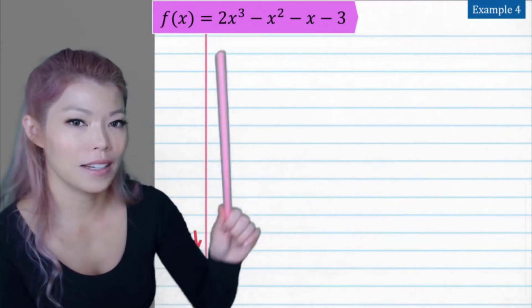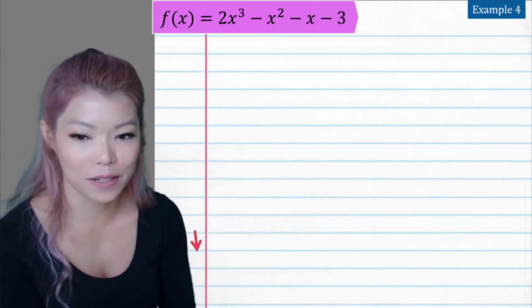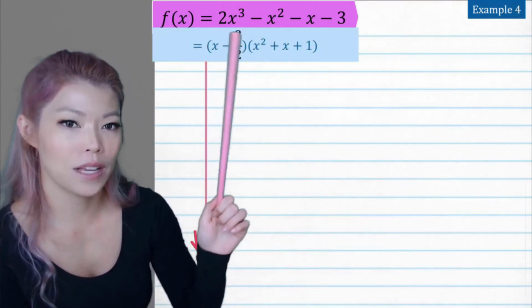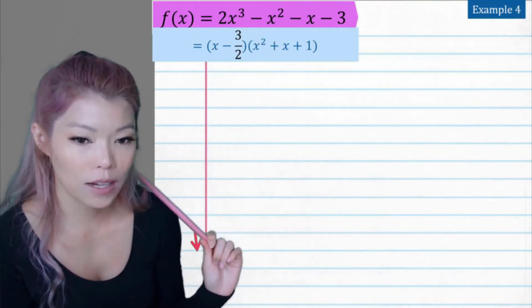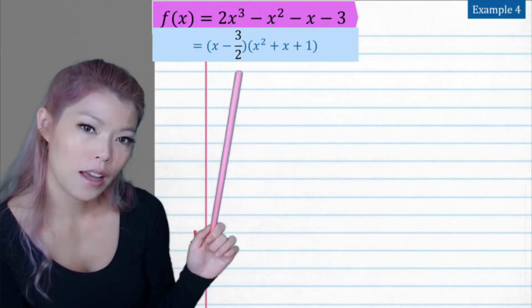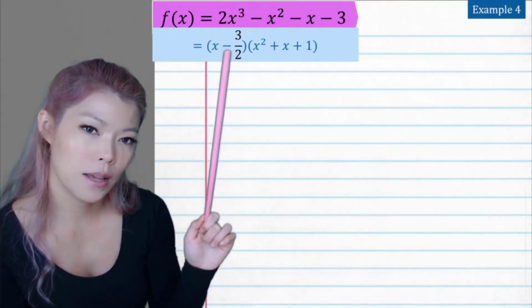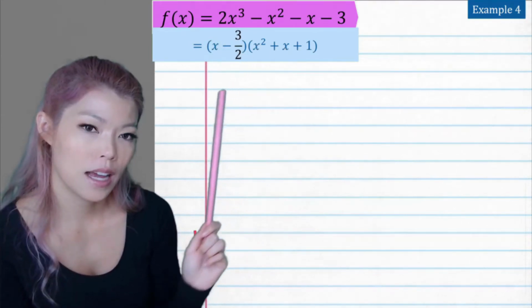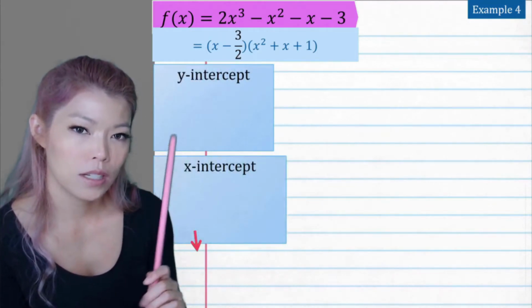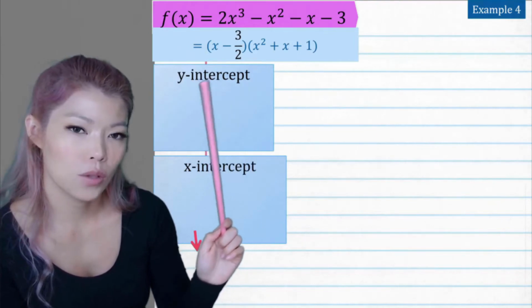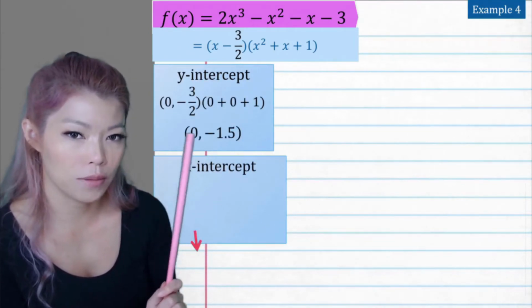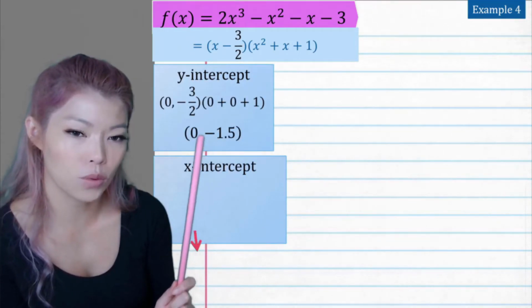What about in that format? I think that's the scariest one. So we notice that we can factorize it. You can do so with a CAS calculator, or you can go back to the video on factorizing. And now we notice that there's one x-intercept and this part has no intercepts. So what does it look like? Well, let's figure out the y-intercept first. Let x be 0. So 1 times minus 3 over 2 is just minus 3 over 2, or minus 1.5.